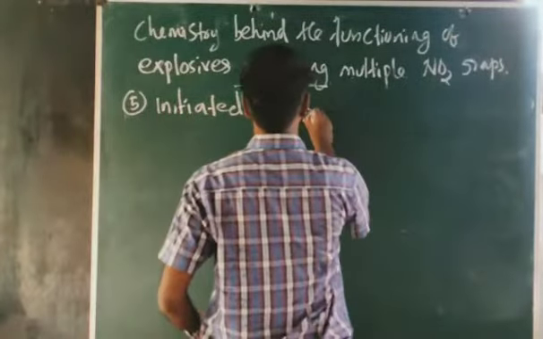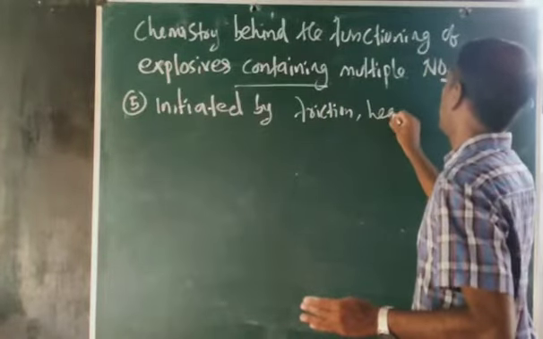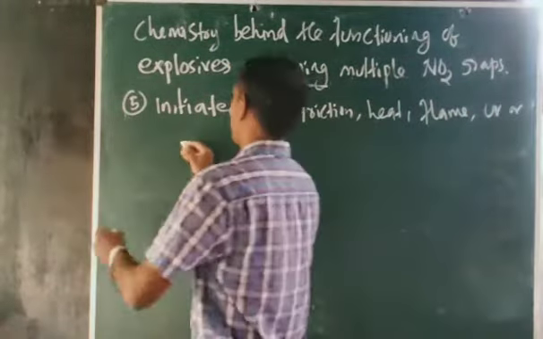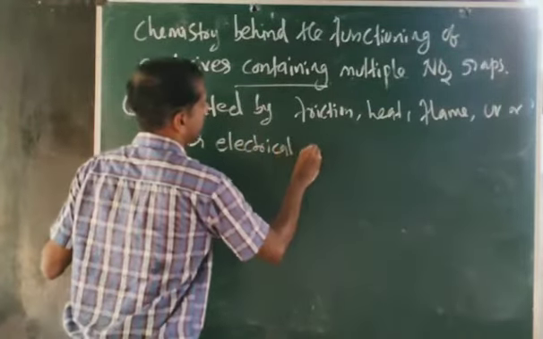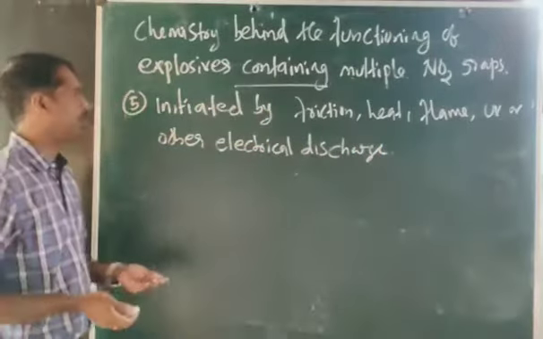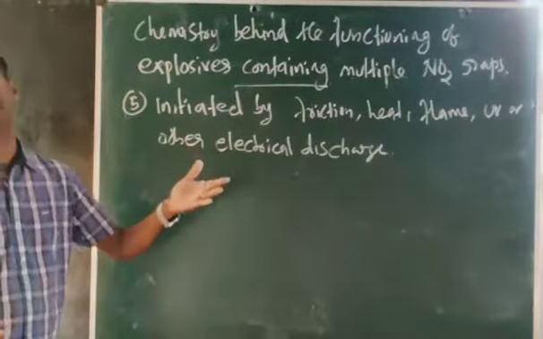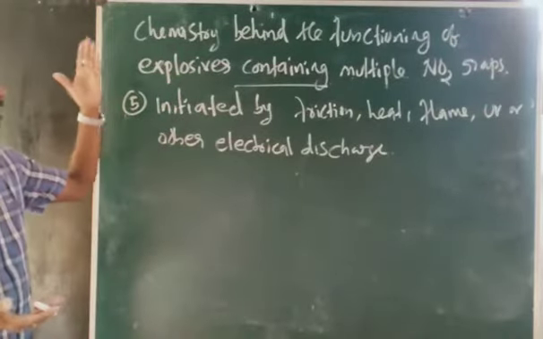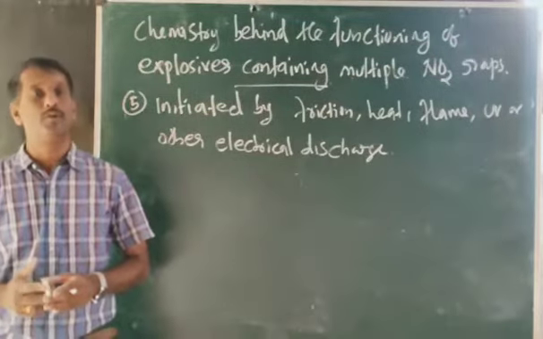If there is friction, heat, flame, UV or other electrical discharge, immediately we can initiate this explosive. Okay. These are the reasons. This is the chemistry behind the functioning of explosives containing NO2 groups.